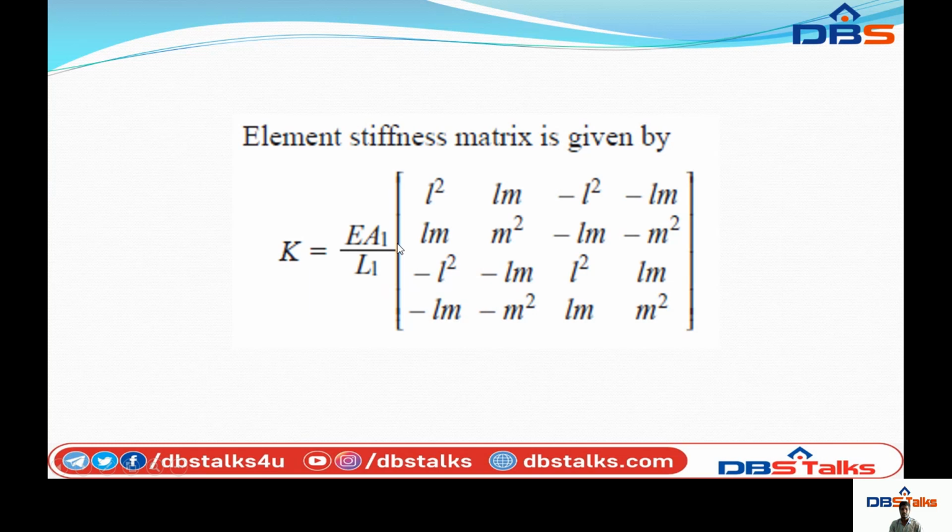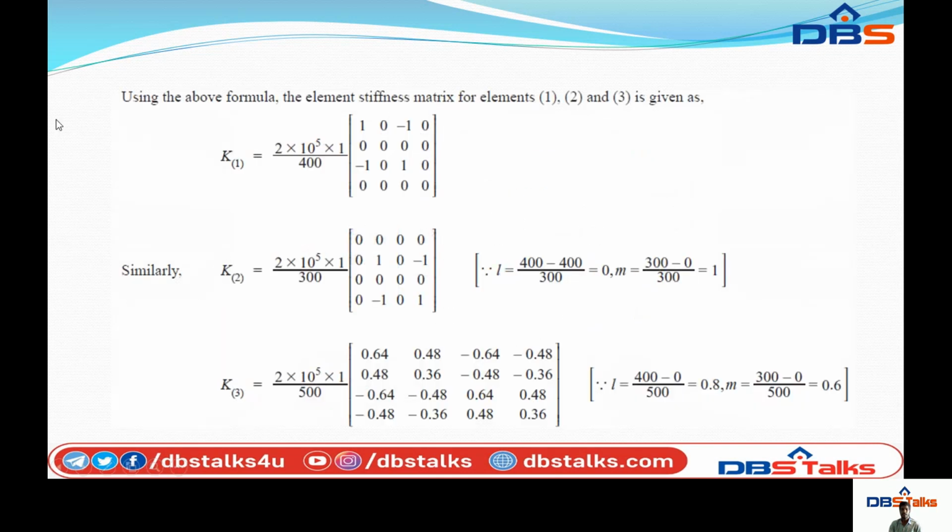But this is a truss structure, so the element stiffness matrix changes to L square, LM, minus L square, minus LM; LM, M square, minus LM, minus M square; minus L square, minus LM, L square, LM; minus LM, minus M square, LM, M square. Instead of LM, you can also take the values of CS. A is the area, E is Young's modulus, L is the length. We calculated the values of L and M from the question table. This is the element stiffness matrix for a truss element.